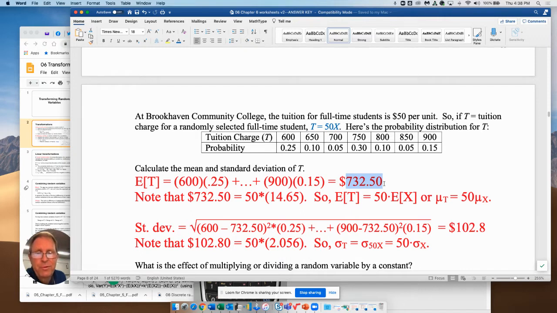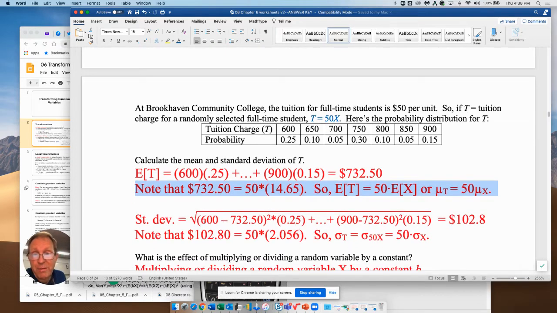But there's an easier way of doing this, and that is, since I'm just multiplying every number by 50 to get my tuition, by properties of mean, I know that the expected value or mean of T is just 50 times the expected value of X. So I can take my mean of X, multiply it by 50, and I get 732.50. So this is a pretty easy way of calculating the mean. If you know the mean of X, you just multiply that by $50 to get the mean of T.